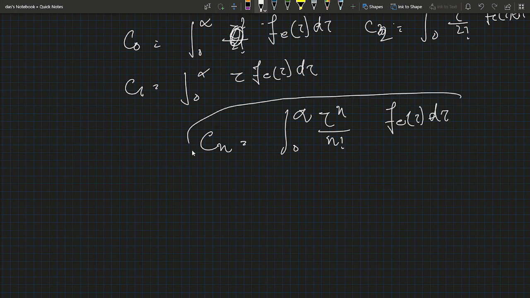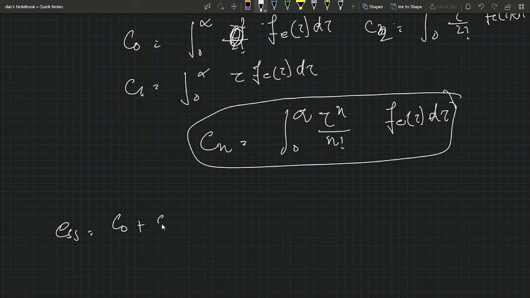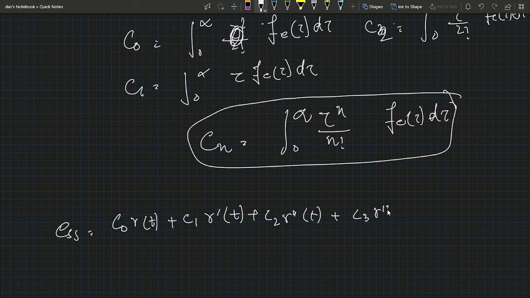So now this is our nth term of the general expression of this error coefficient. So we see that this e_ss is basically c0 into r(t) first of all, then c1 into r'(t), then c2 into r''(t), plus c3 into r'''(t), plus cn by n factorial r to the power n (t).